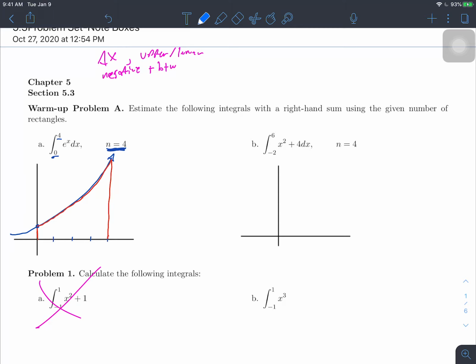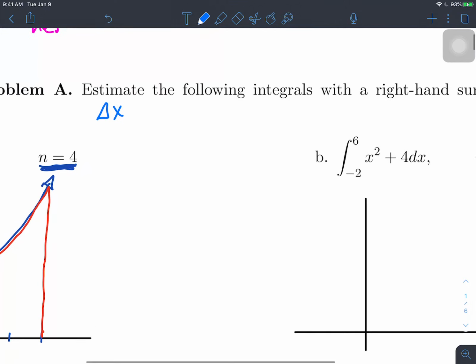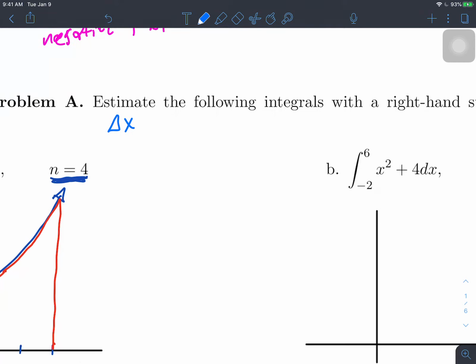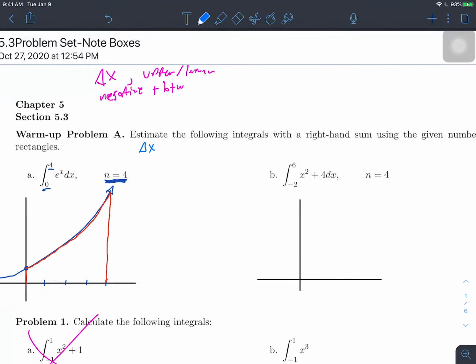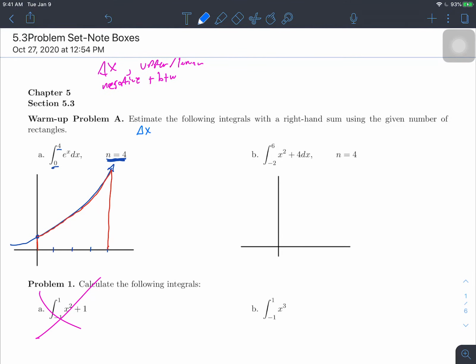Okay, so something I want to really quickly mention is sometimes you'll see this notation delta x. Now remember, this delta thing kind of means change in x. In the context of a Riemann sum problem, delta x refers to the width of each rectangle.